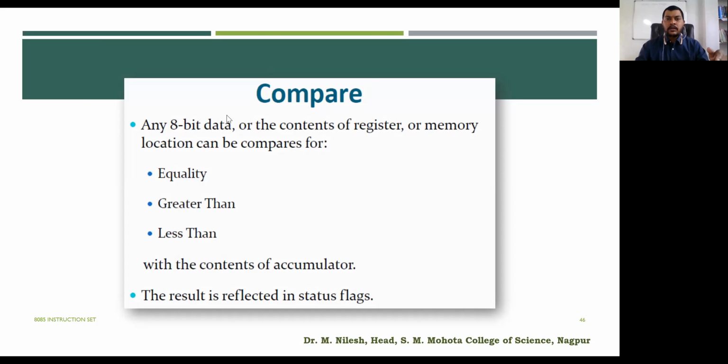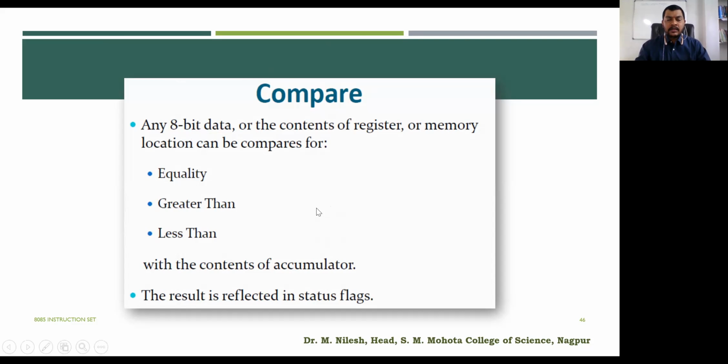Again, we are going to compare with the data which is in the accumulator, and the results are not altered. The contents of the accumulator or any other register are not altered, only flags are being affected. So using those flag conditions, we can give other instructions, right?